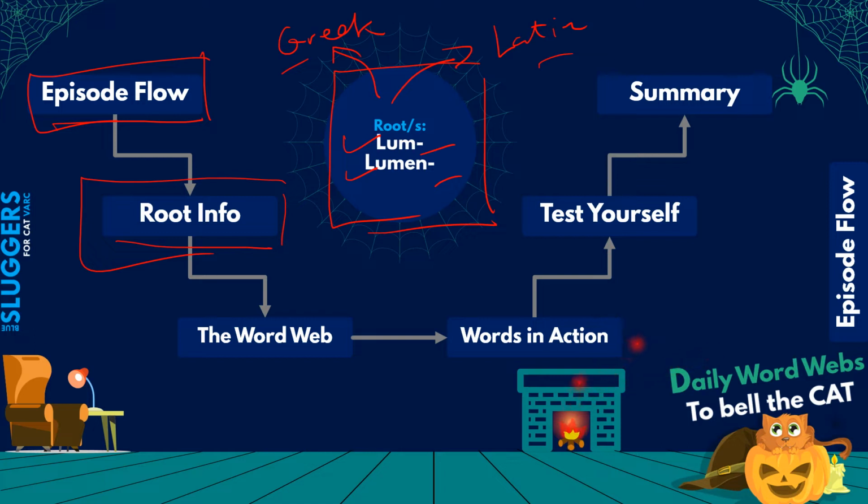We'll talk about that. Root info में. Moving on, after that we'll move into the word web. So basically word web will be the section where we go through the various words of the English language that have been derived from this particular root.